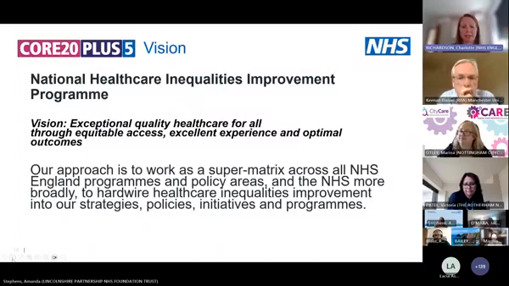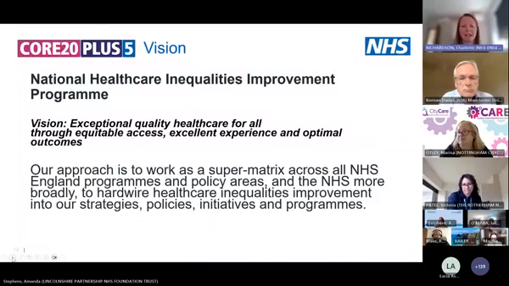And that work is taking place through a super matrix approach, so really trying to embed it across all activities, all programmes and policy areas, and in the NHS more broadly through activities such as clinical audit and quality improvement. There's lots of contextual drivers to support this. So the Health and Care Act in 2022 introduced a legal duty for integrated care boards to tackle health inequalities. It's also part of the NHS long-term plan and the government's Levelling Up white paper. So there's a lot of levers that we can draw on.